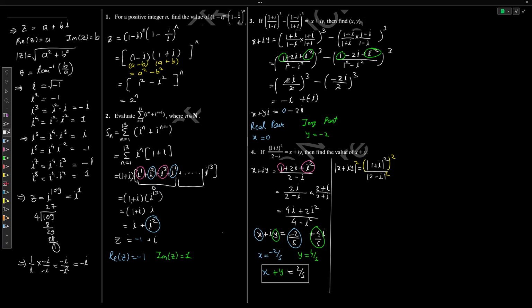Real part is x square plus imaginary part is y square. Now numerator (1 plus i) square: real part is 1 square plus imaginary part is i square, not i, so that's it. And this whole square as it is.